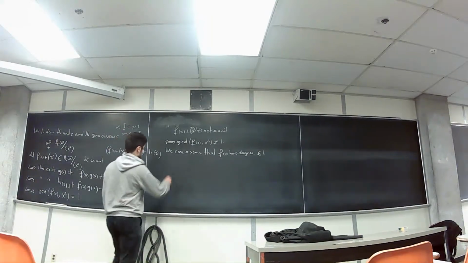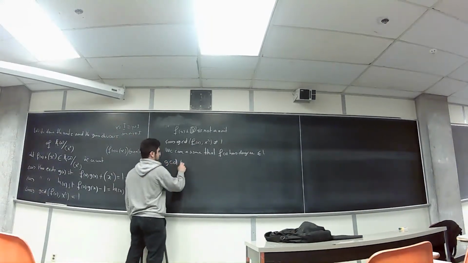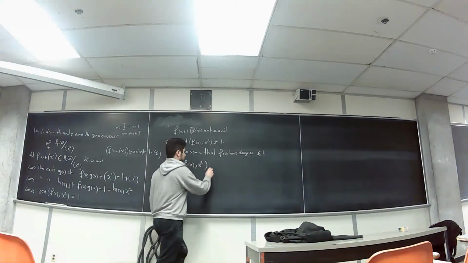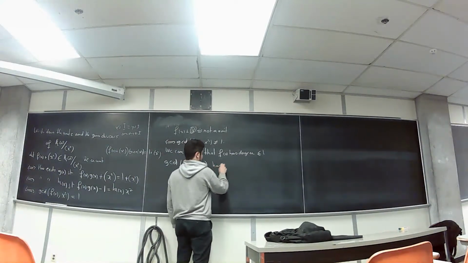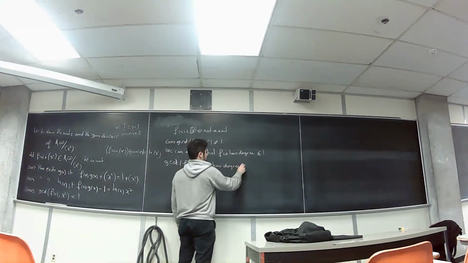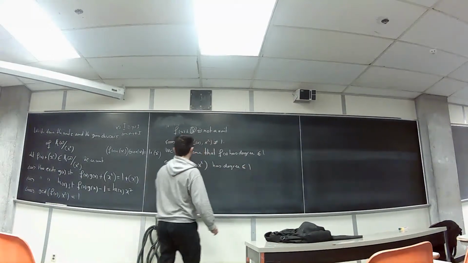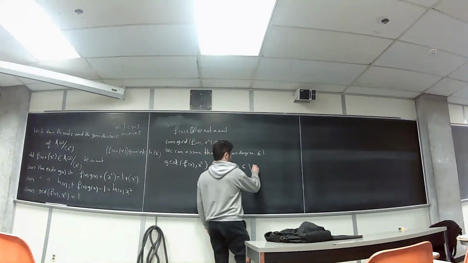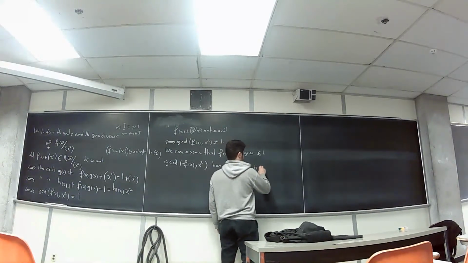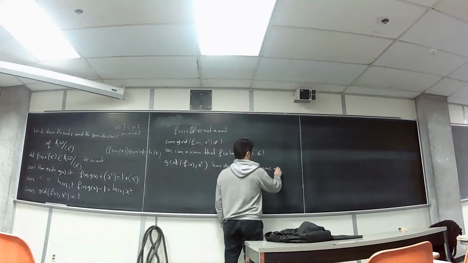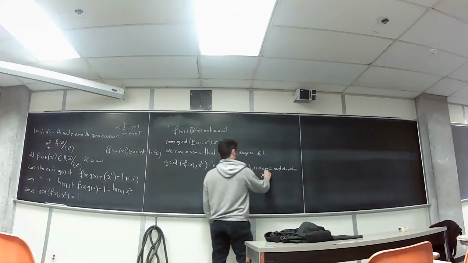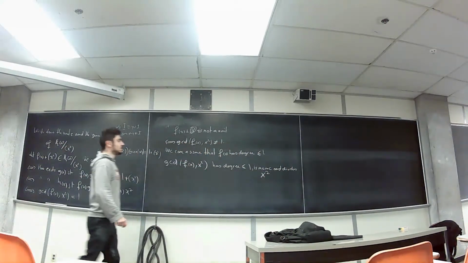So what are the possibilities of the GCD of f of x and x squared? It has degree at most 1, is monic, and divides x squared. So what is the GCD?